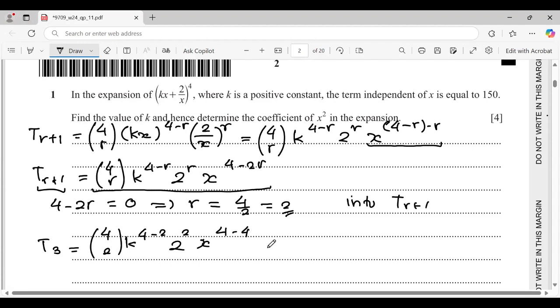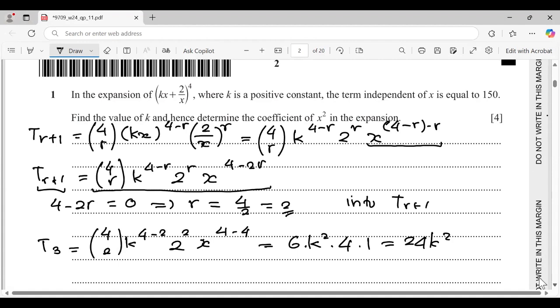The combination 4 choose 2 equals 6, k squared, and 2 squared is 4, and x to the power 0 is 1. So it becomes 24 k squared.